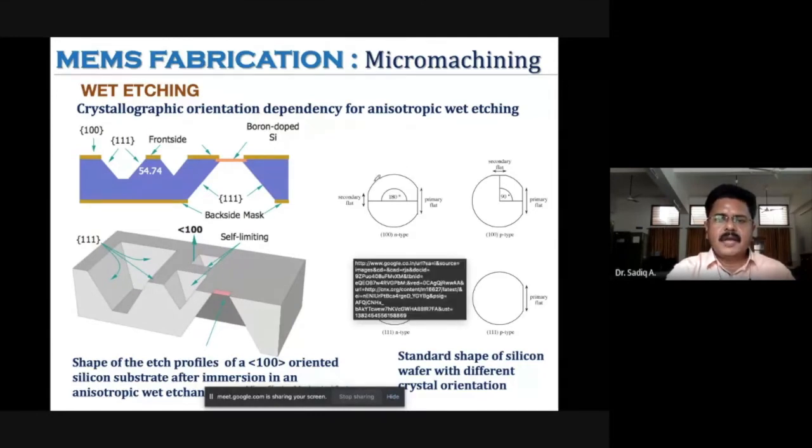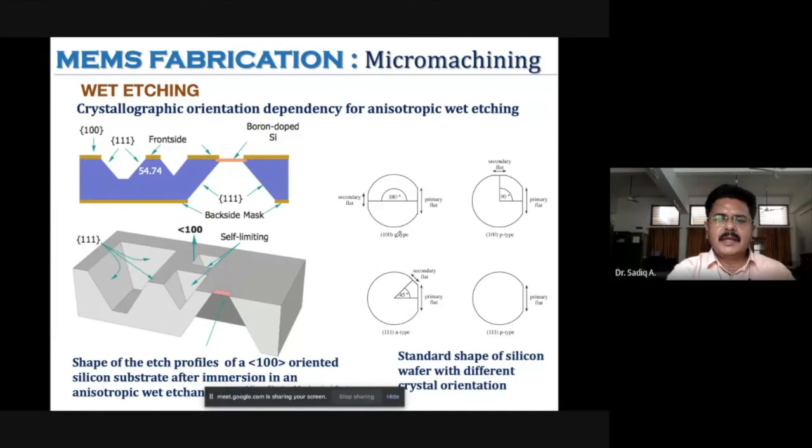If the appearance of the wafer is like this, having one side flat and another secondary flat, then it is 100 crystallographic orientation and N-type wafer. If this is the design appearance of the wafer, with a primary flat surface and a small flat surface at 90 degrees, then it is 100 type, P type.